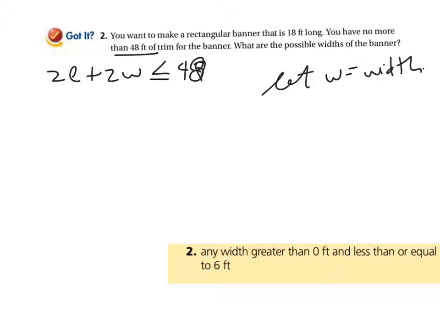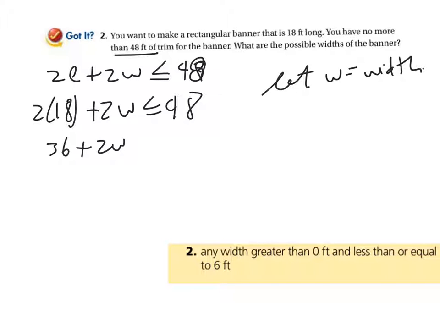So 2 lengths. The lengths are going to be 18 feet. So 2 times 18 plus 2 of the widths is less than or equal to 48. 2 times 18 happens to be 36. 36 plus 2 widths is less than or equal to 48.